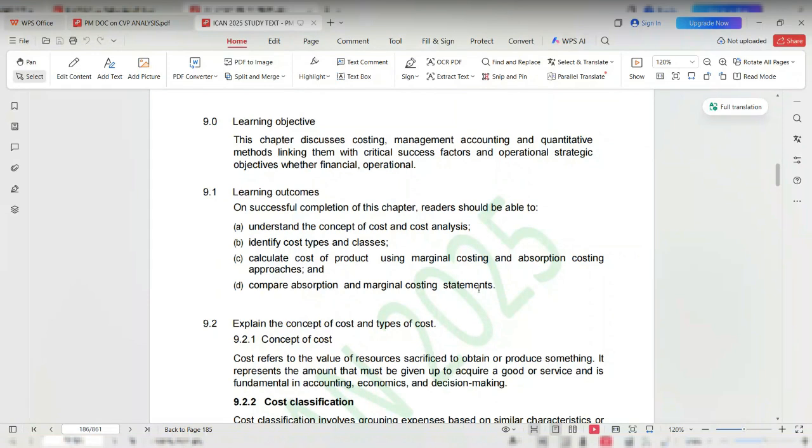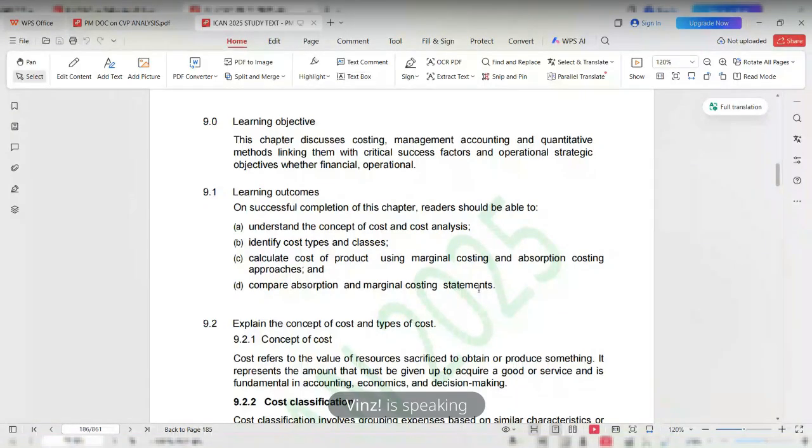Cost refers to the value of resources sacrificed to obtain or produce something. Whatever thing we sacrifice to obtain something else is referred to as cost. When you go to the market, you go with something, and as they are giving you, let's say, rice, you are giving them something.